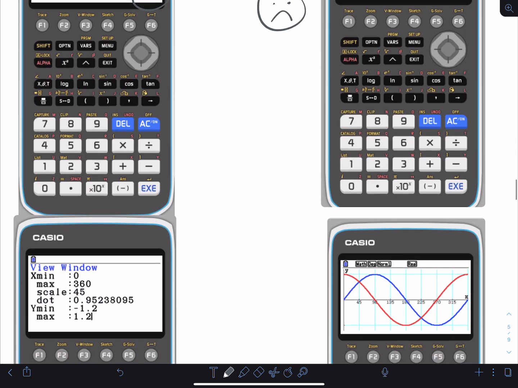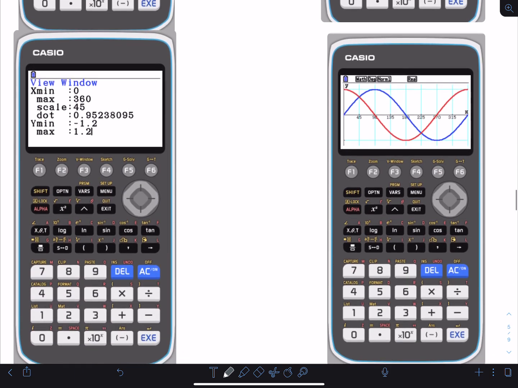So I have to go to my window. If you go Shift, Window, right there, you'll get to this little thing, and I want you to set it. Think about it. Your X minimum, what did I say? 0. Maximum, 360 degrees.